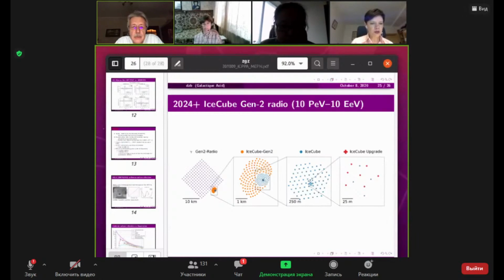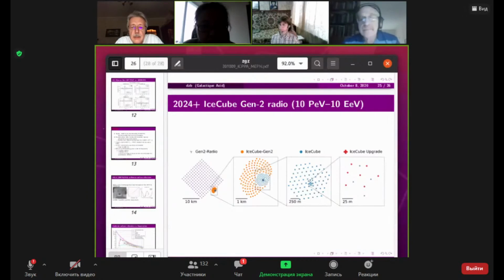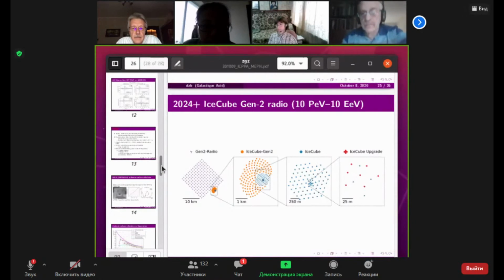How do you differentiate between direct signal and in-ice signal if the polarity is the same? Yes, the polarity is the same, but our angular reconstruction is about 0.3 degrees.